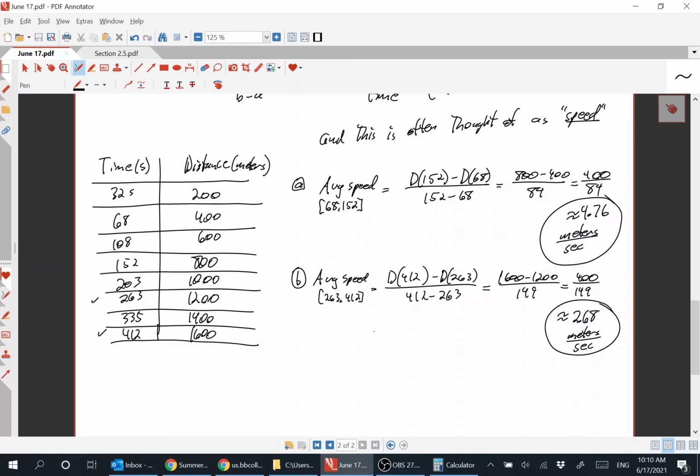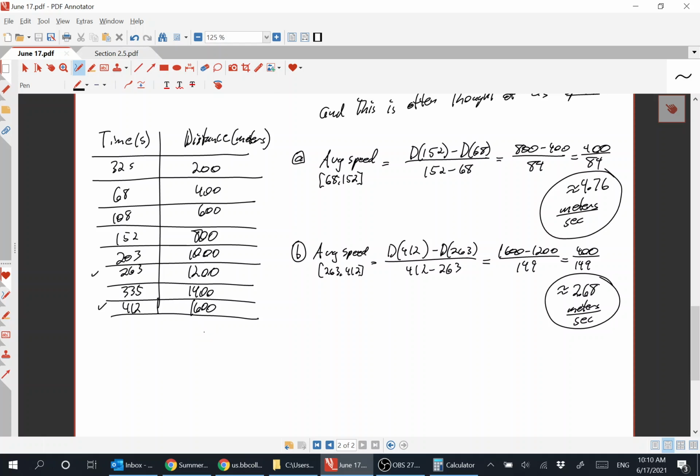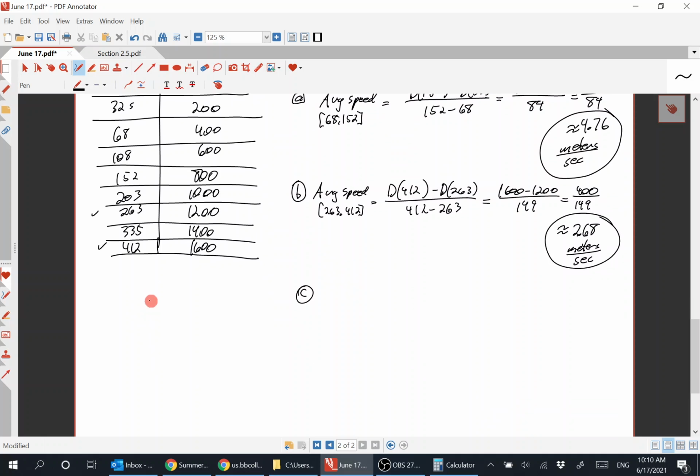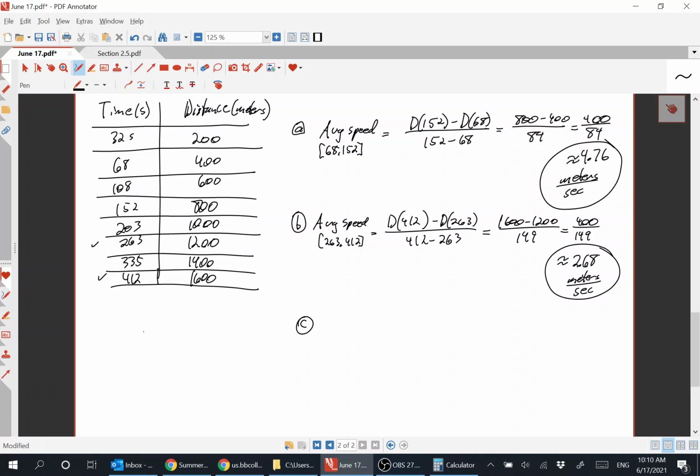Sorry about that. Okay. For C, calculate his speed for each lap. Well, I'm not going to do that here. Well, I guess we could do it. Shouldn't be too bad. So calculate the speed for each lap around the track.